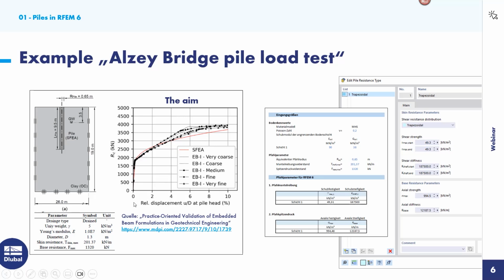Our aim now is to reach a load displacement curve that fits to this one from the literature. The shear strength and shear stiffness and the axial strength and stiffness were calculated, and then put into RFEM, and we received the load displacement curve. This model we will now create together. So therefore we go to RFEM now.